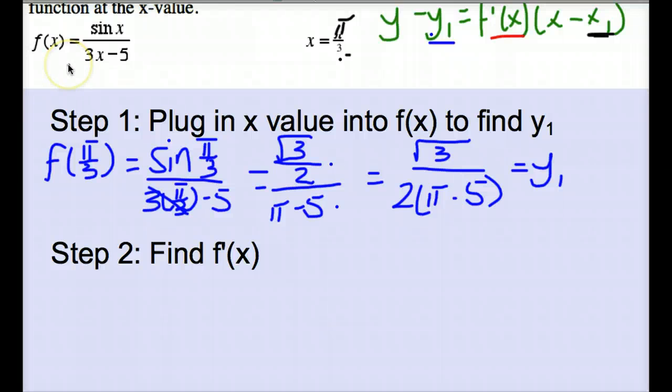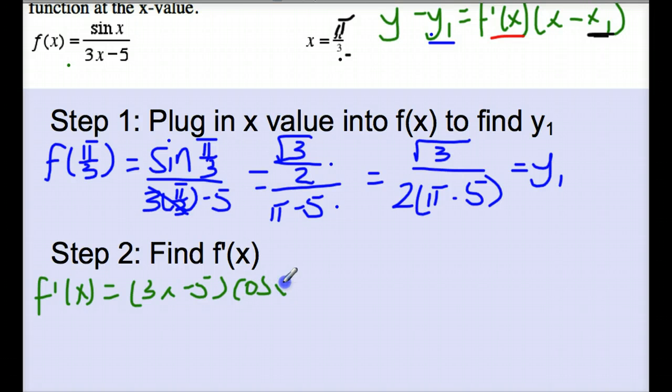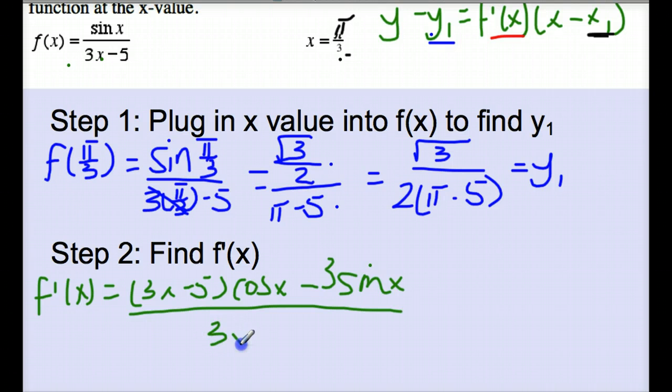So f prime of x is equal to the bottom, 3x minus 5, times the derivative of the top, which is cosine of x, minus the top, sine of x, times the derivative of the bottom, which is 3, all over the bottom squared, 3x minus 5 squared.